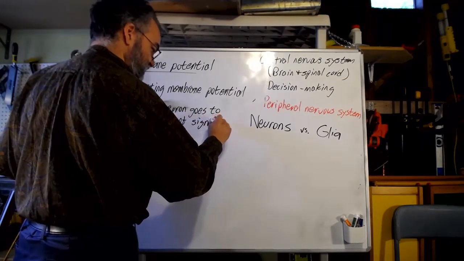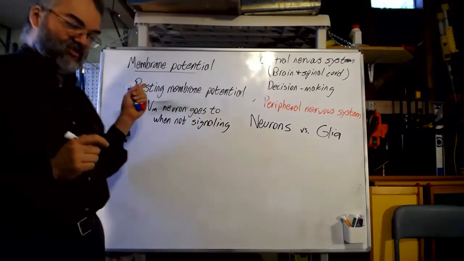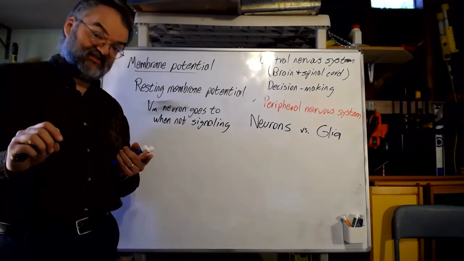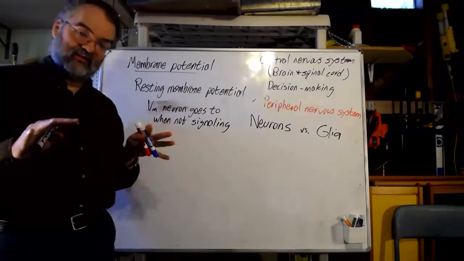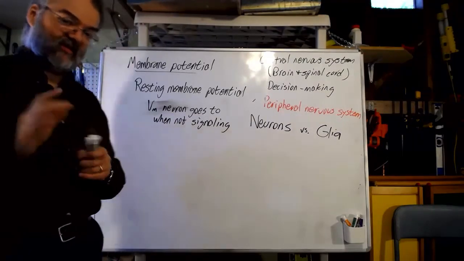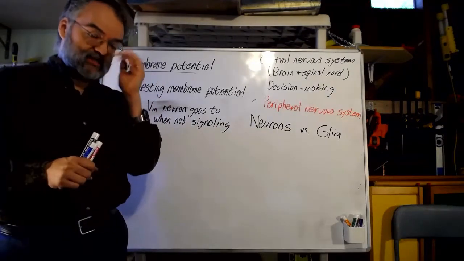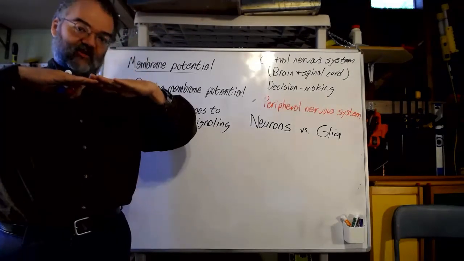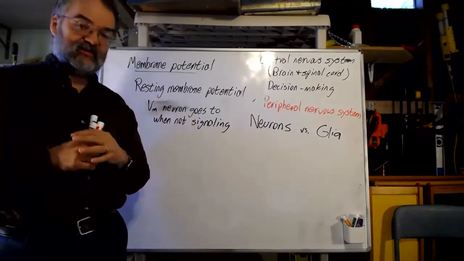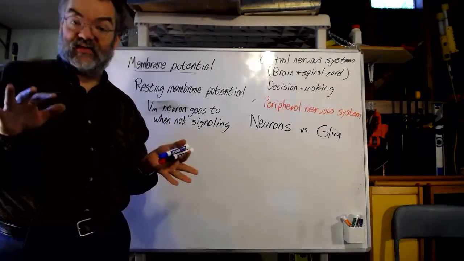You could think of it as sort of the base state of the neuron. Do keep in mind, as you'll see, when we say resting membrane potential, that does not mean the cell is exactly at rest. This is not a stable equilibrium. It's a steady state that the cell has to maintain, but like we talked about at the very beginning of the class, that's not the same as equilibrium. At resting membrane potential, you're like a balanced teeter-totter. You can cause the cell to do something just by opening or closing a few ion channels. It's just the state you tend to go to when you're not doing something else.